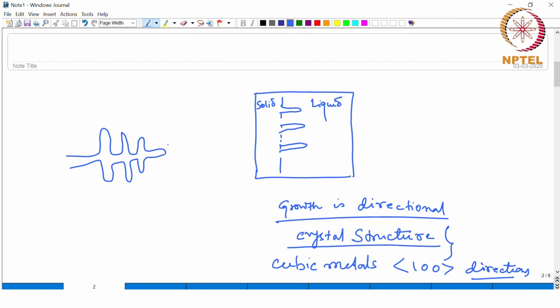So, now we need to understand as to how these secondary arms grow from this primary branch that we have over here. Okay, so in order to understand, you have to again go back to the same fact that whenever the solid is forming, the latent heat of freezing is being released.